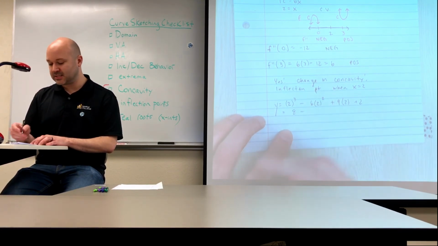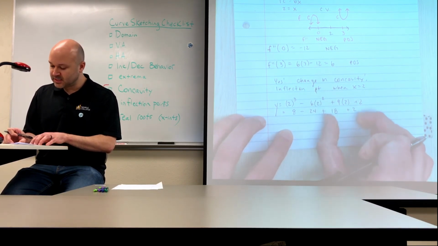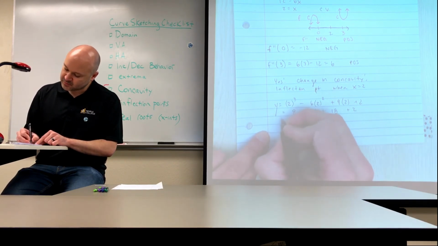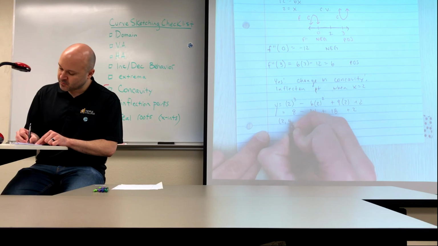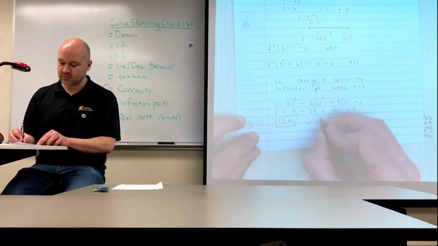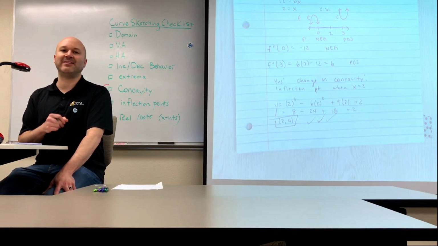4 times 6 is 24. 28 minus 24 is 4. So yes, (2, 4) is a point of inflection.